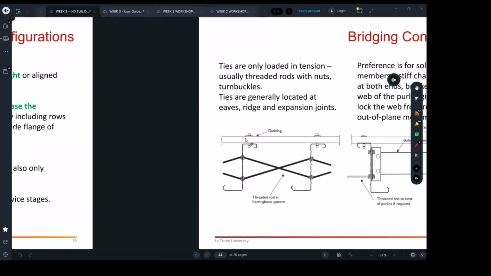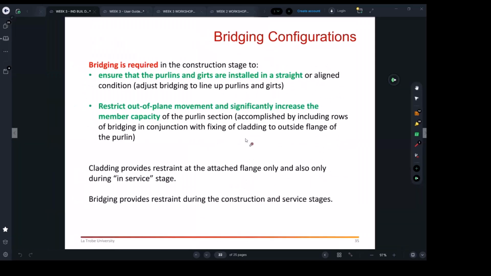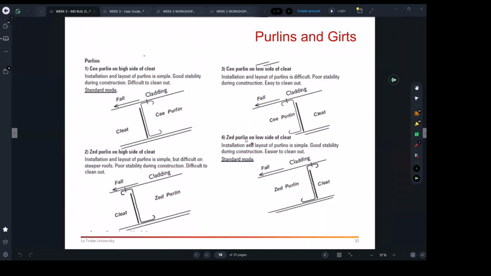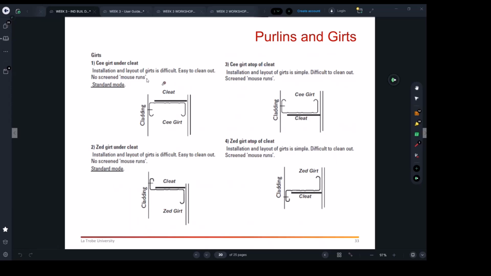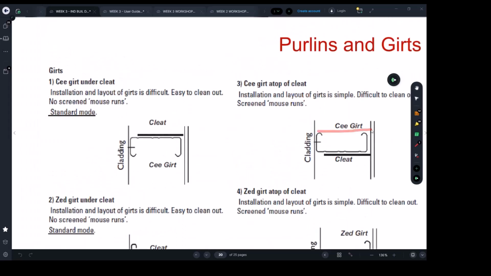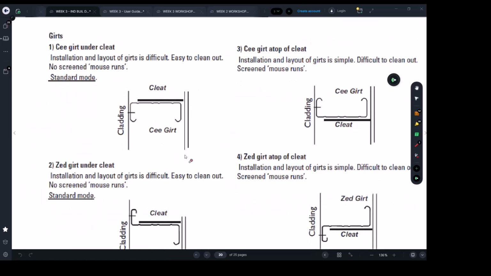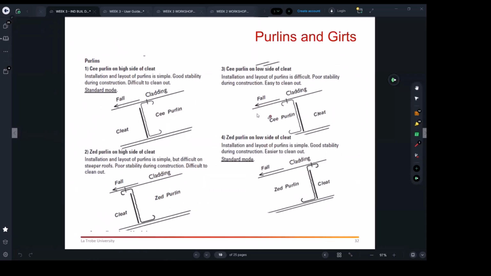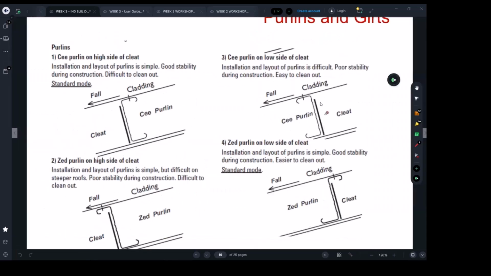Maybe, as I said, one of the key mistakes which nobody will pick, and if it was picked, you need to compensate. So a mistake like, for example, the one I just told you, if it was specified to put a sheet here, or if it was specified because the architect really wants to clean them out, the architect wants the purlins to be seen, and they want them to be placed like this, not like that.